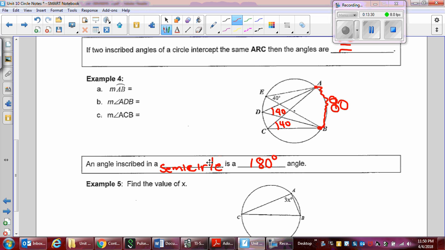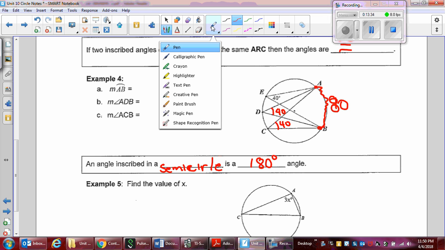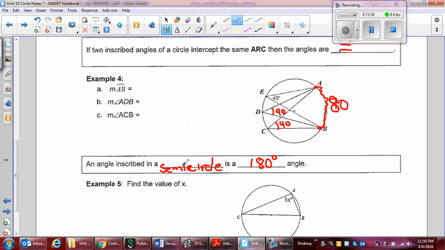Let's skip the C. Semicircle, okay? It's going to be 180 degrees.